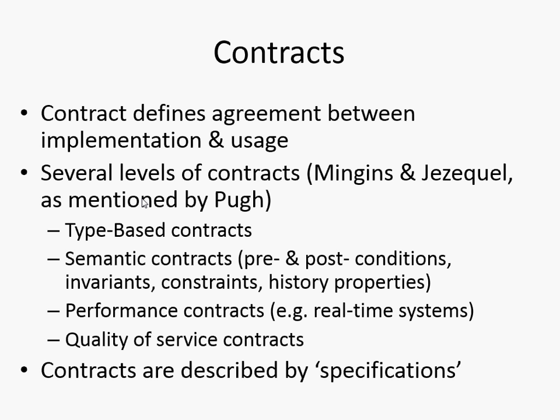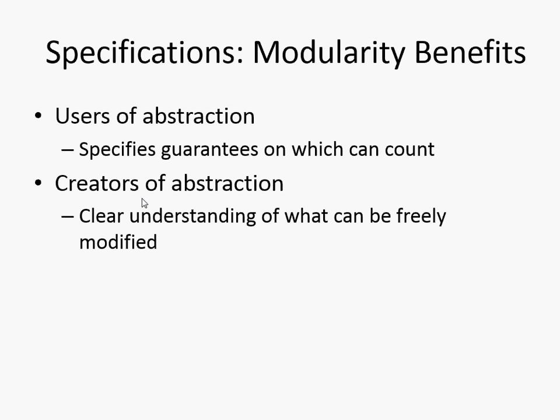Those who are really interested in the web space will find quality of service contracts, or performance contracts in other contexts associated with real-time systems. In other words, the system within 10 microseconds will achieve this result as a result of this interrupt, or what have you. So contracts are all around us, and they are described by specifications.